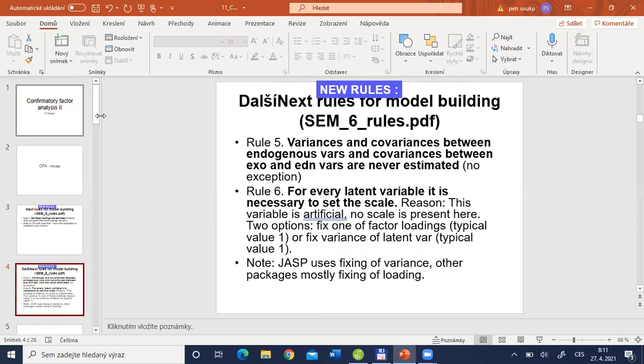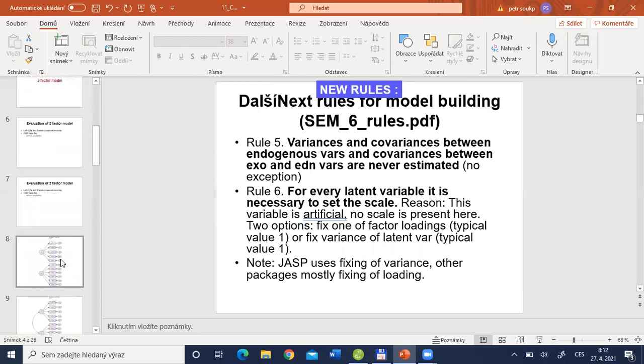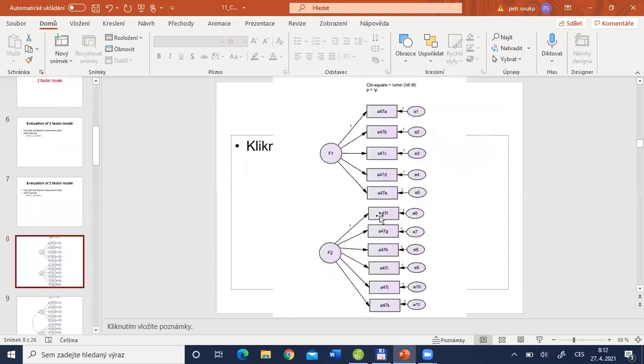So if I go down once again to our picture, and we apply this rule to this picture, it says that no 2 double-headed arrows can be present here, only one-headed, only loadings, according to rule number 4, and according to rule number 5, covariances here are forbidden.